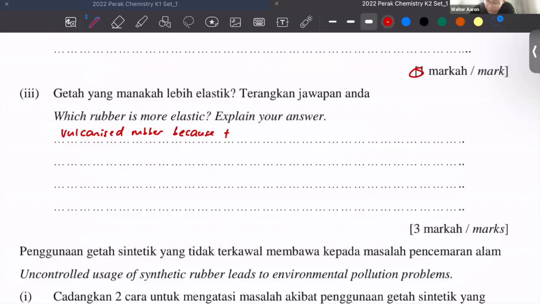Because the presence of cross linkages between the rubber molecules strengthens the structure.